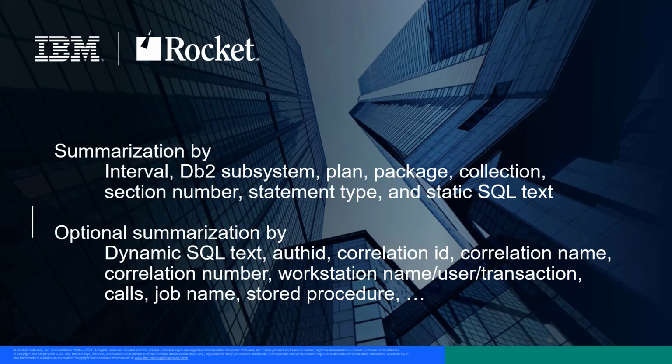If you have distributed workload, there might be the workstation name, user, or transaction fields. You can also drill down by calls, which allows you to drill down all the way to the prepare, open, fetch, close, insert, delete, or whatever the individual API call is. Job name for batch workload, stored procedures if you have stored procedure workload, and there are a few others as well.